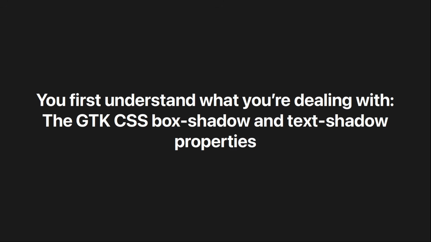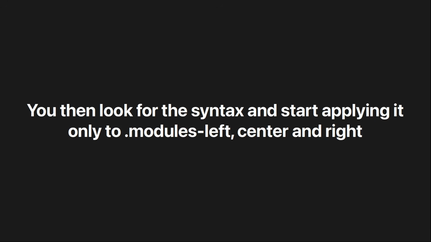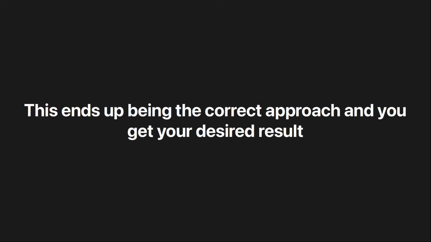These two are the properties that we use in order to get shadows onto whatever part of our bar that we want, okay? Then look for the syntax and start applying it only to the modules-left, modules-center, and modules-right classes, okay? Then this ends up being the correct approach and you get your desired result.